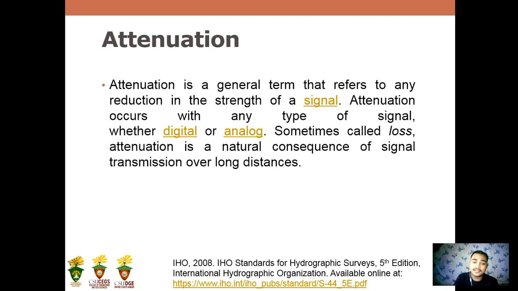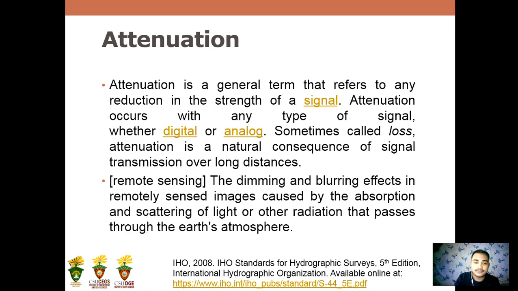So attenuation occurs with any type of signal, whether digital or analog, and sometimes attenuation is called loss. And attenuation is a natural consequence of signal transmission over long distances. So kung mo-travel siya into taas na distances, there is a possibility of attenuation.